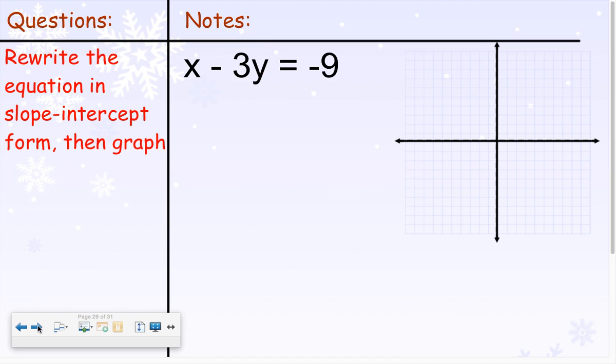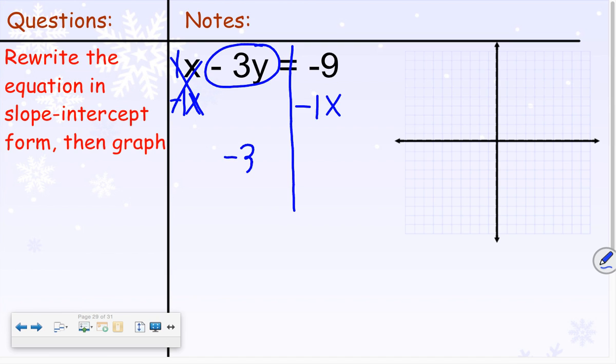And last, x minus 3y equals negative 9. Once again, there's no coefficient in front of the x, so I'm going to put a 1 there because it's the same as 1x. So subtract 1x on both sides. Oops, I forgot to circle my negative 3y. Bring down my negative 3y, put the negative 1x first, then the negative 9.